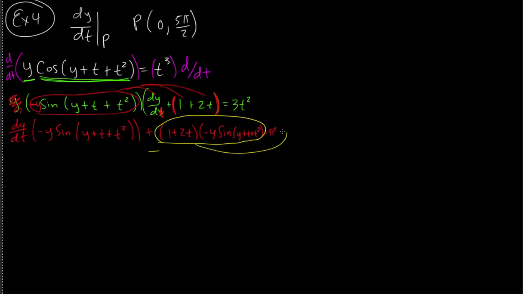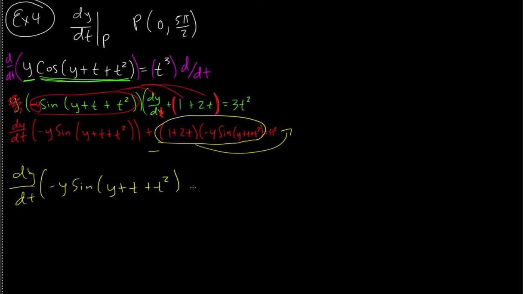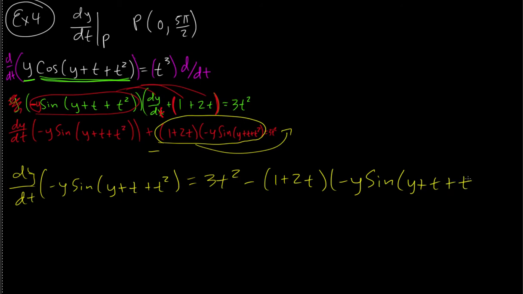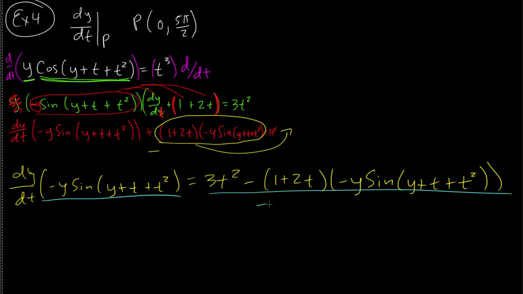So I'm going to subtract that over here. So I still have dy/dt times negative y sine(y plus t squared). And that's equal to 3t squared minus all of that.